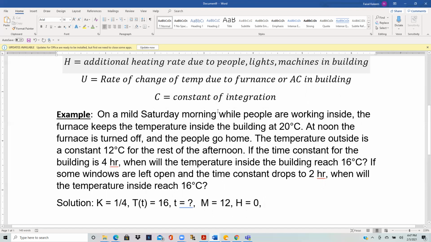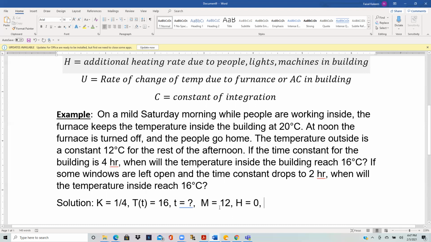The first sentence is about the morning when the furnace is running, so the temperature is constant throughout the morning at 20 degrees C. But at noon, the furnace is turned off, so now the temperature is going to change.